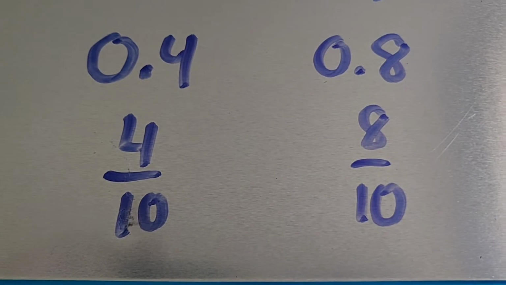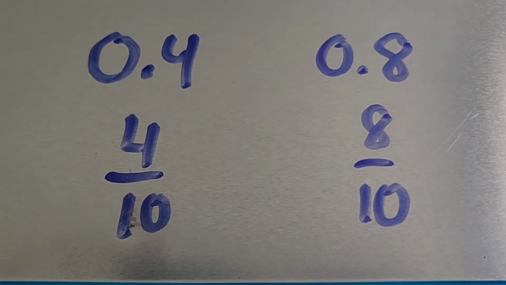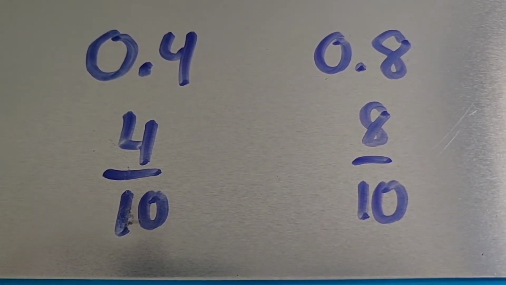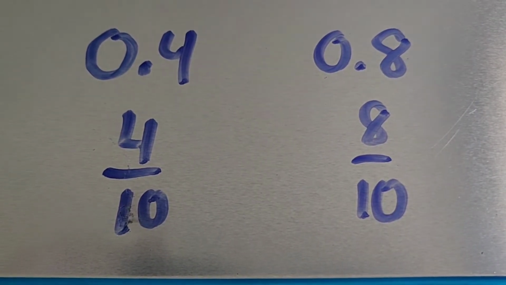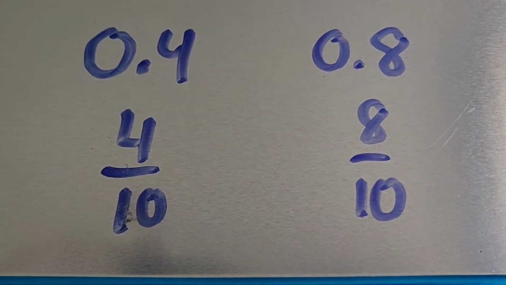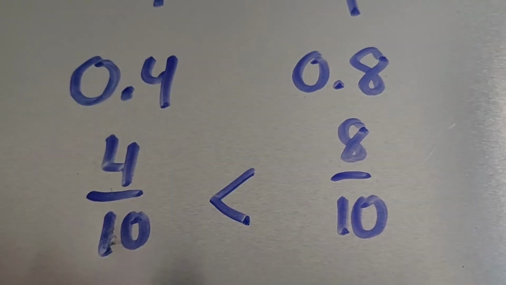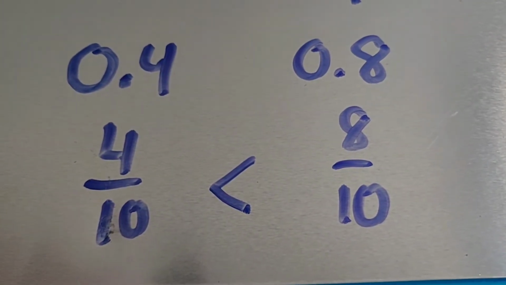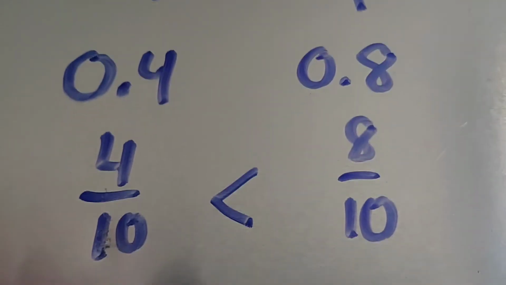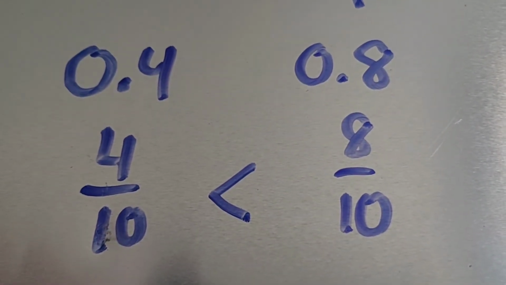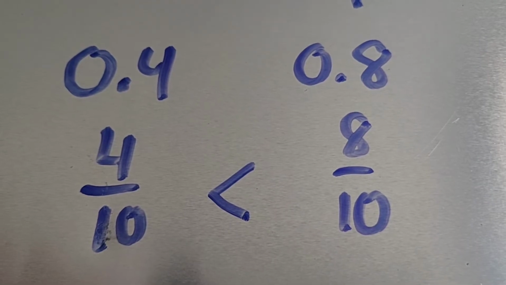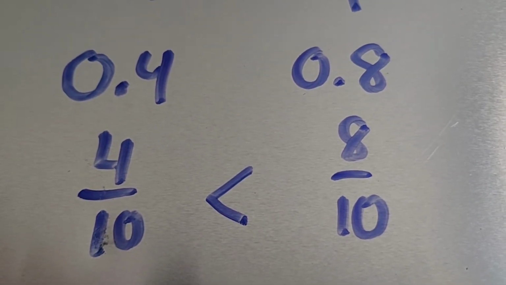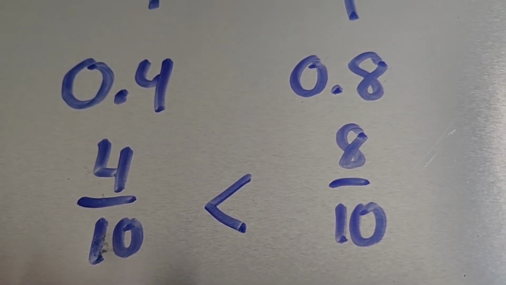So are 4 of those same sized parts or 8 of those same sized parts greater? Which one's lesser? Which one's greater? Right, 4/10 is less than 8/10, which also means, since 4/10 and 0.4 are the same, and since 8/10 and 0.8 are the same, that 0.4 is less than 0.8.